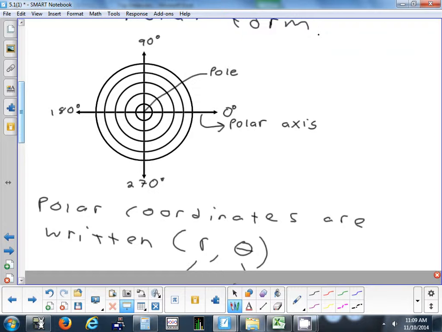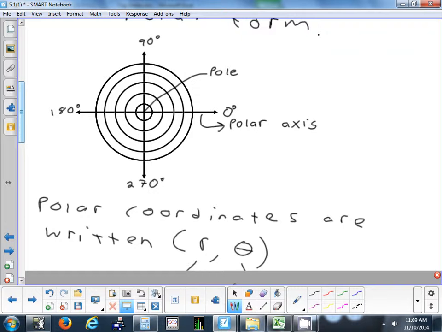In terms of a circle, what word can you think of that has a lot to do with circles that begins with r? Radius. Yeah, radius. So r is going to be a radius. It's going to be a distance from the center out, a certain number of units. And what about theta? What does that usually represent? It's an angle.